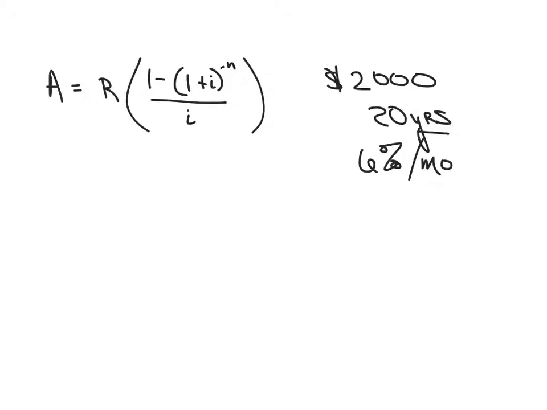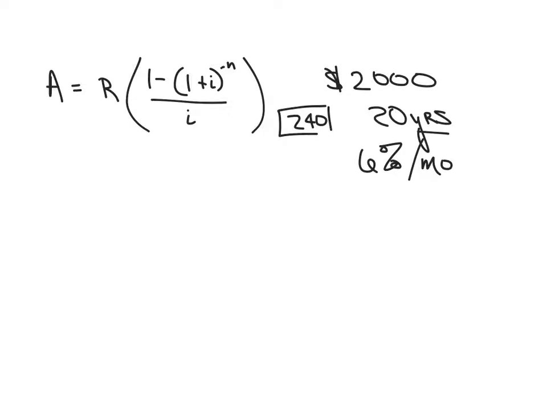Okay. So what we want to do, we want to find the present value, the amount that we have to put in that will pay $2,000 at the end of each month for 20 years or 240 months. Okay, so our months are 240.